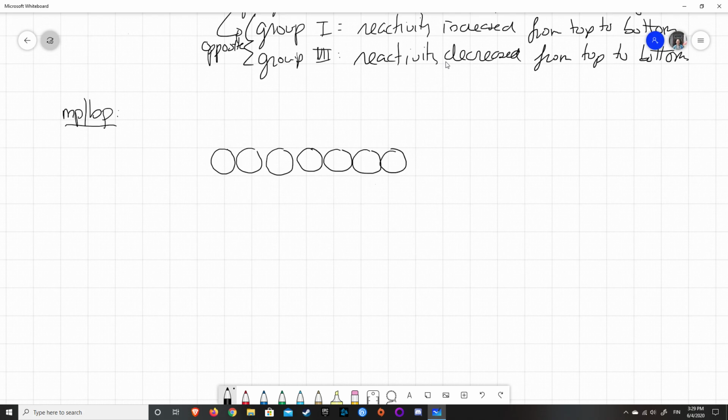I'll change the color for the electrons right here in red. Metallic bonding is where we've got the positively charged nucleus and these negatively charged electrons.